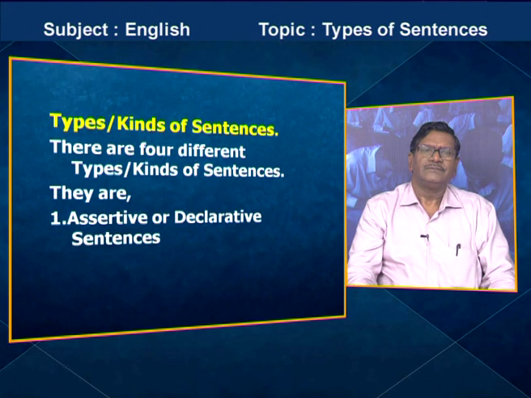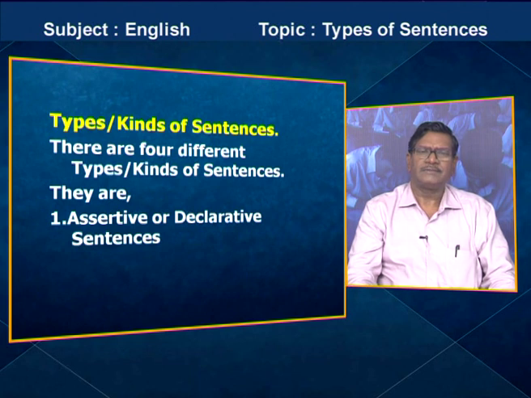Now, let us go back to these words, a group of words which are called types of sentences. Now, let us think about the types or kinds of sentences. There are 4 different types or kinds of sentences in English. What are they?